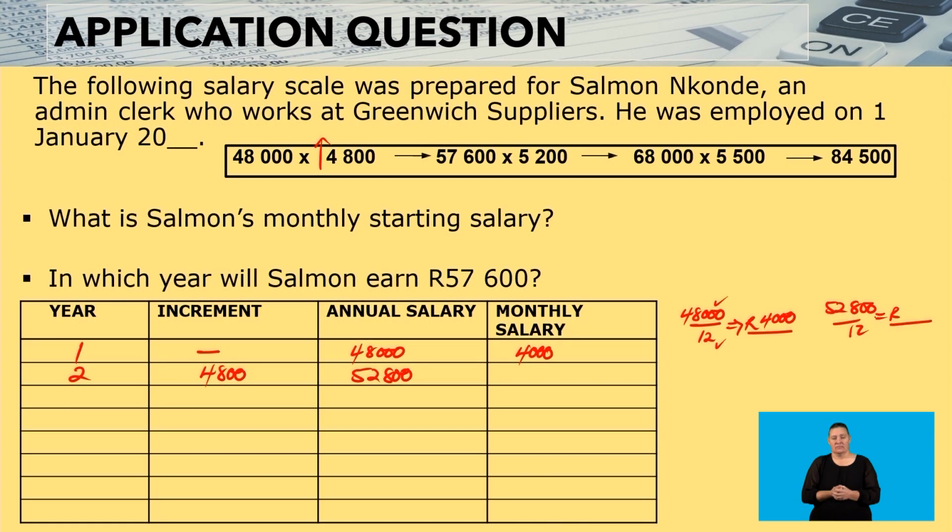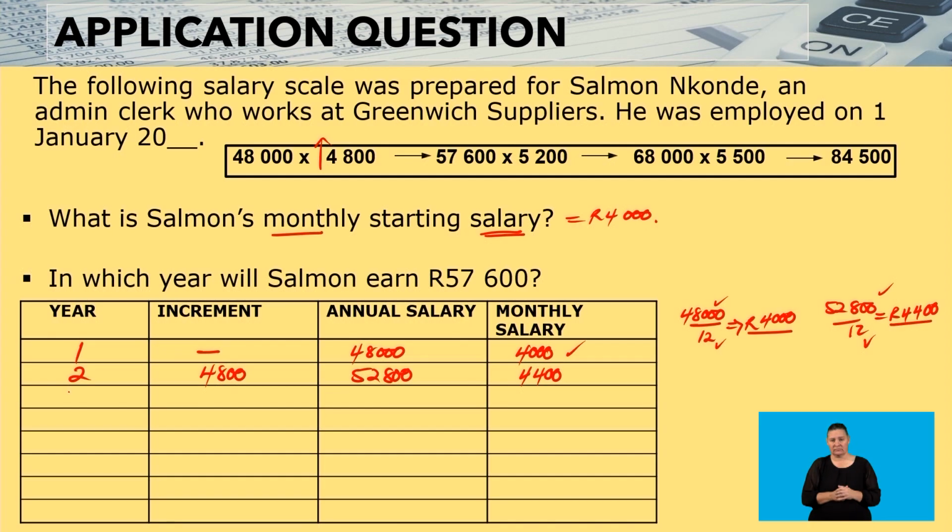You get 4,400. So my monthly salary here becomes 4,400. I think at this moment I can answer the question: what is Salmon's monthly starting salary? His monthly starting salary is 4,000.